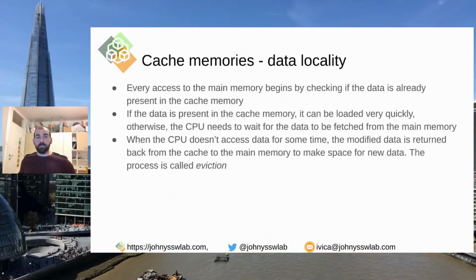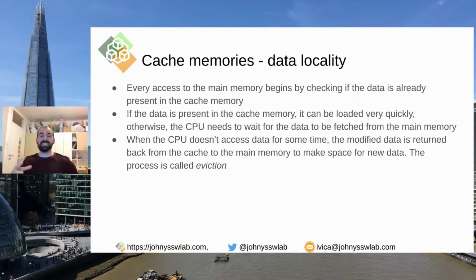Okay, let's talk a bit about cache memories and data locality. Every access to the main memory begins by checking if the data is already present in the cache memory. If the data is there, the CPU can access it really quickly. Otherwise, the CPU needs to wait for the data to be fetched from the main memory to the cache memory.